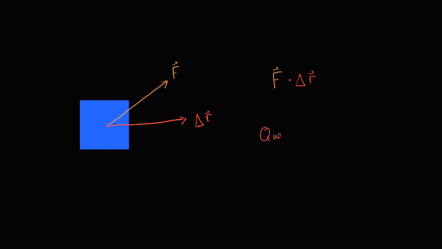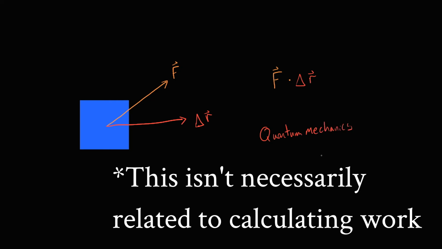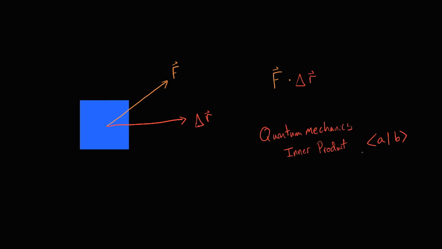Another application in physics of the dot product is in quantum mechanics. In quantum mechanics, you're actually working with a more general version of the dot product, and that's called an inner product. If you've seen this notation, that's essentially what it represents, an inner product.